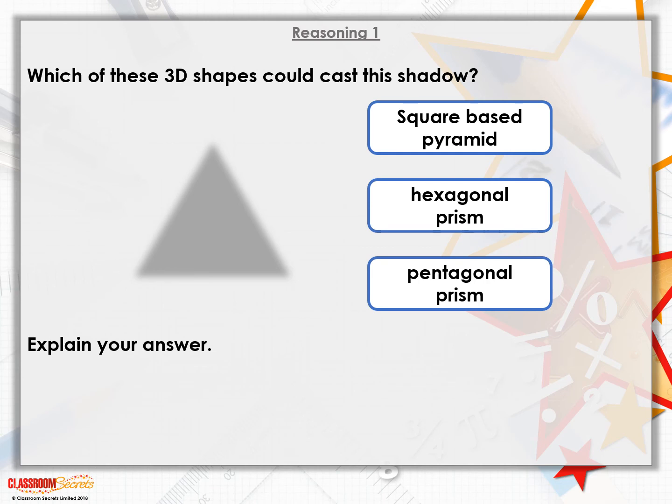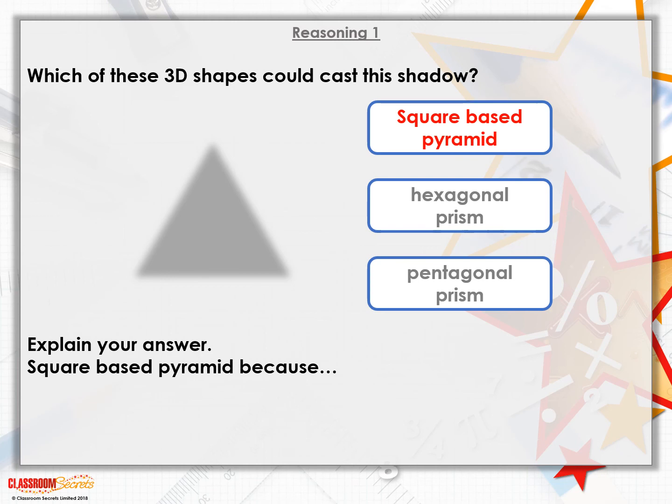Some reasoning now. Which of these 3D shapes could cast this shadow? So we've got a square base pyramid, hexagonal prism, or a pentagonal prism. So we've got two prisms and one pyramid. Which one do you think would cast this shadow? So, square-base pyramid, the clue is in the name there, the pyramid, we've got that pyramid shape of the shadow being cast there.